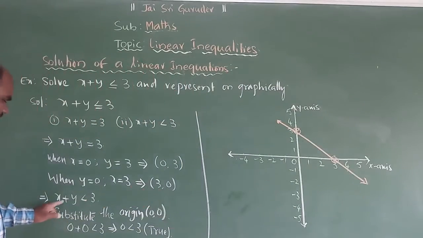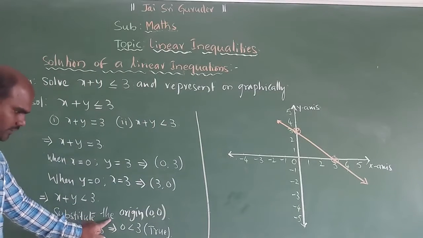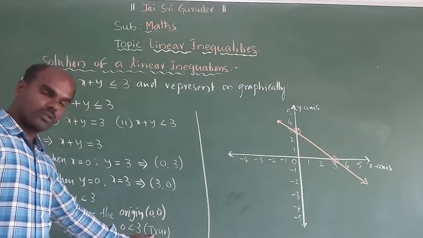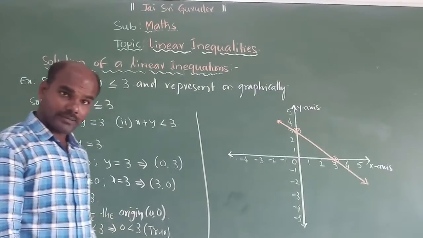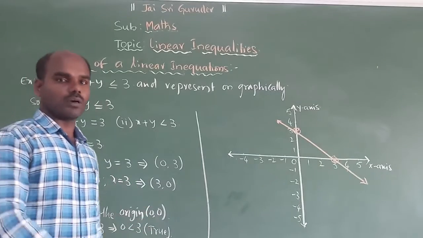Then the second one is x plus y less than 3. While substituting the origin in this, you got true. When you get true, it means the solution includes the origin.